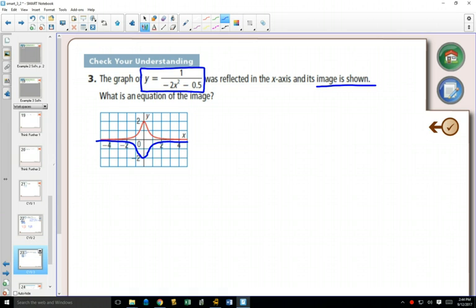So I'm going to start writing, first of all, in red. If we reflect over the x-axis, which values are changing? The x values or the y values? So our negative has to be outside of the function because it's affecting our y values.